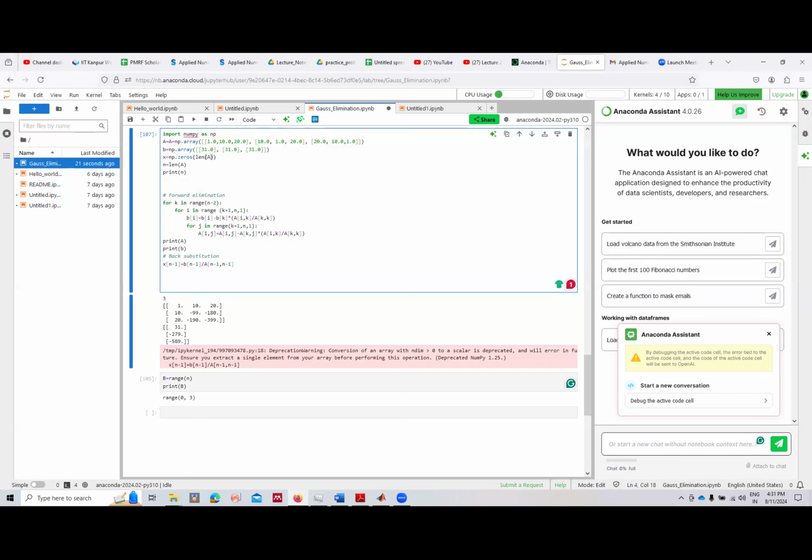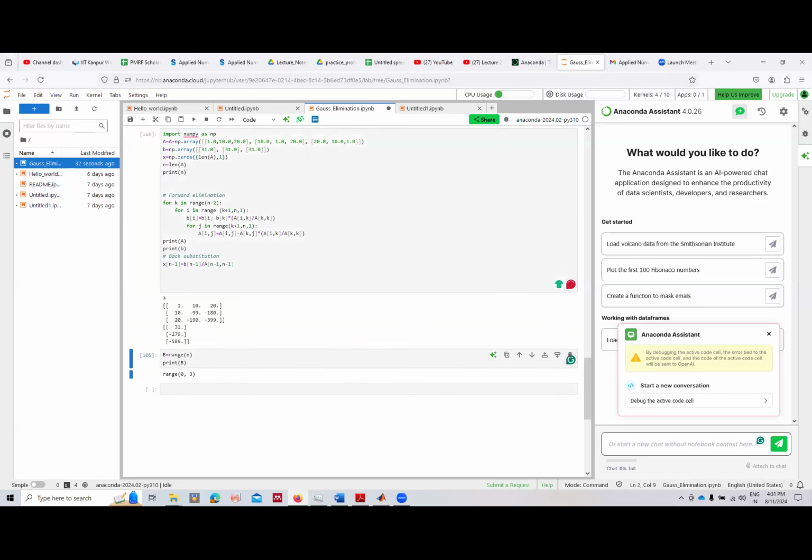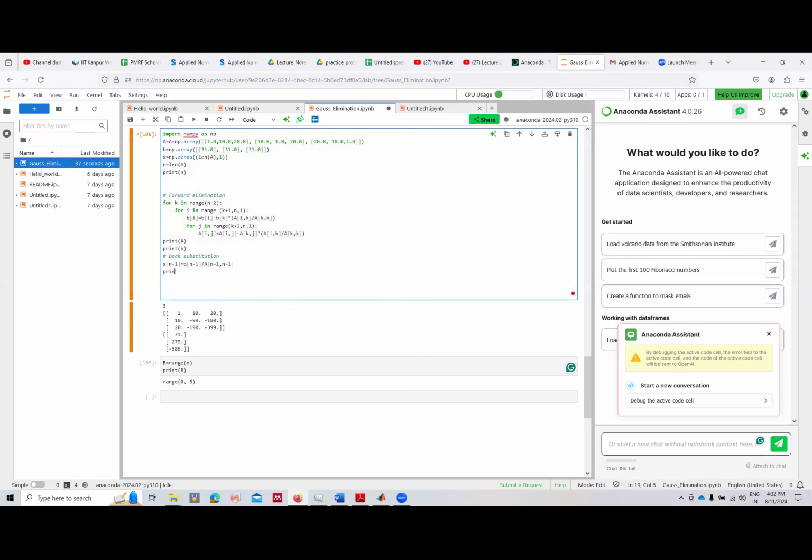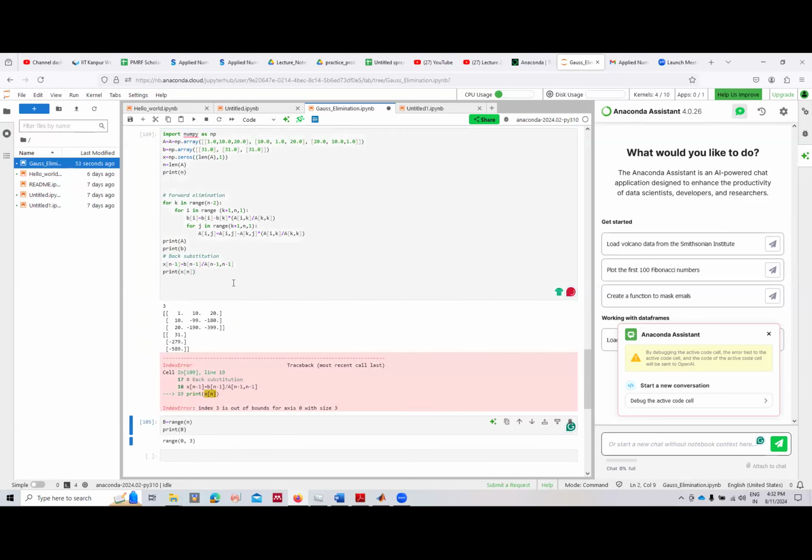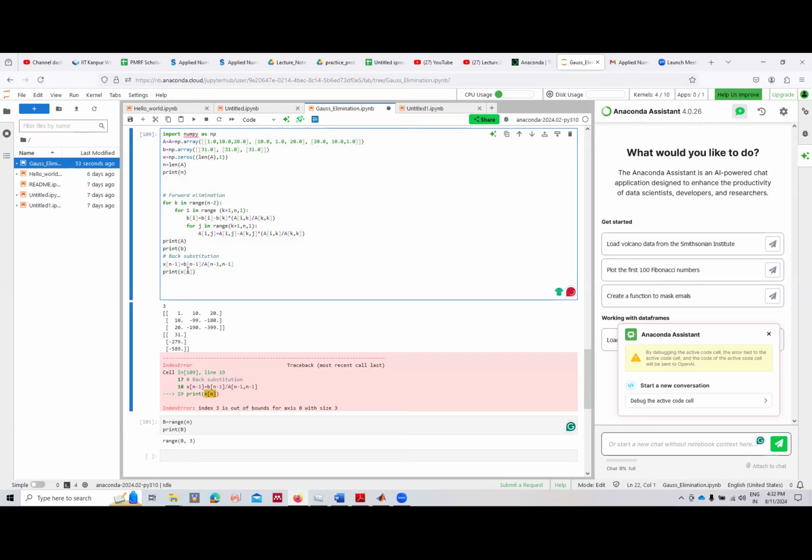So simply, suppose it is now printing. Suppose I want to print xn, just enter. Okay, it is showing some error, sorry, n minus 1.